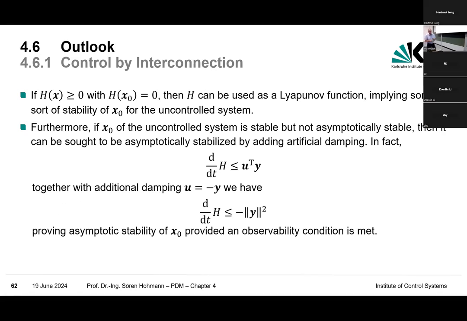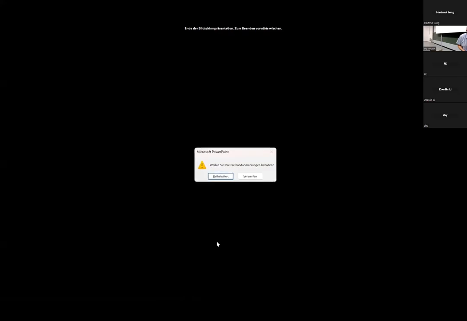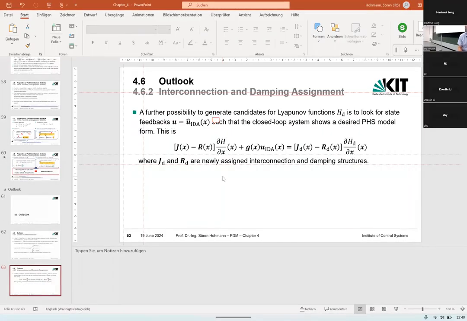Okay, so now to sum this up. First, I want to highlight two things. The most important practical parts are the network paradigm and the energy modeling, the variation principle.